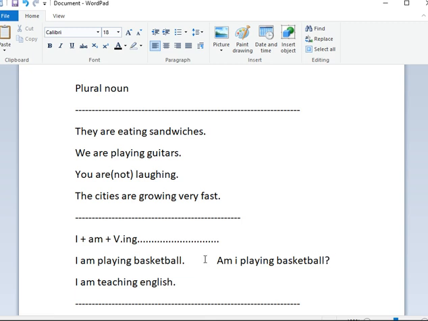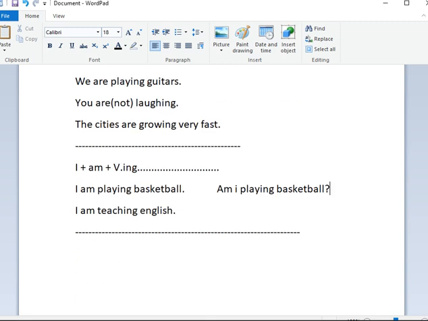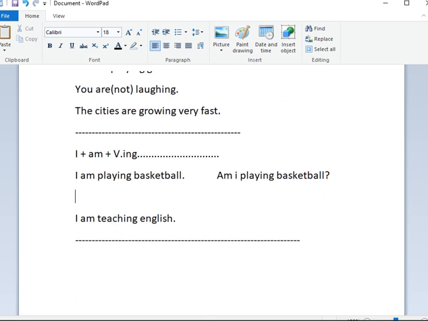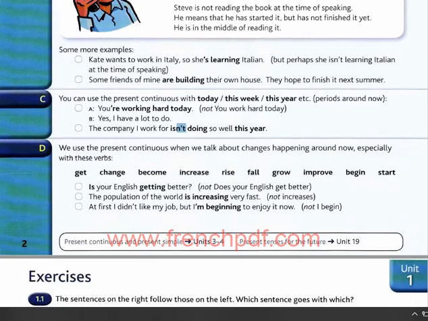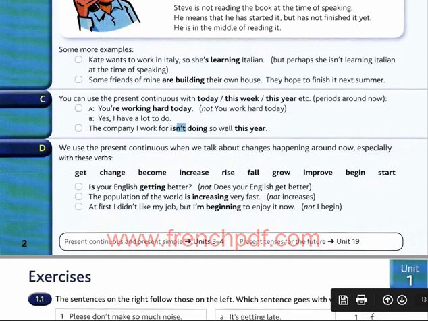So I will put a question mark, and you can say maybe I am not playing basketball. This is about the forms of present continuous in negative or in question or in positive form.